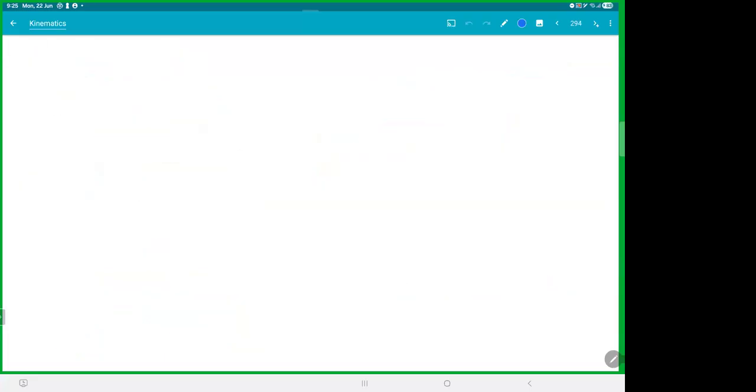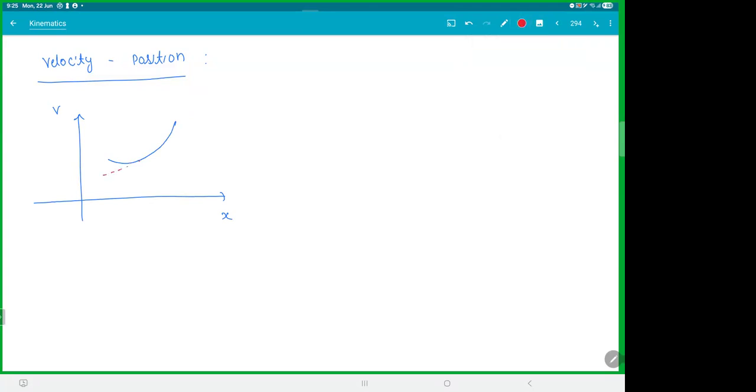And there is one more standard graph. We'll finish off with all the standard stuff: the velocity position graph. Now in a Vx graph, the slope means nothing, but we get something here: acceleration.